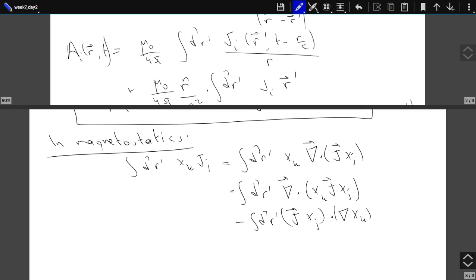The first term we could just convert to a surface integral. The surface integral was 0, and the gradient of x_k is just nothing but k hat. So we are just taking the k component of this thing. So this is equal to minus ∫d³r′ j_k x_j. Well, this was, of course, in magnetostatics.